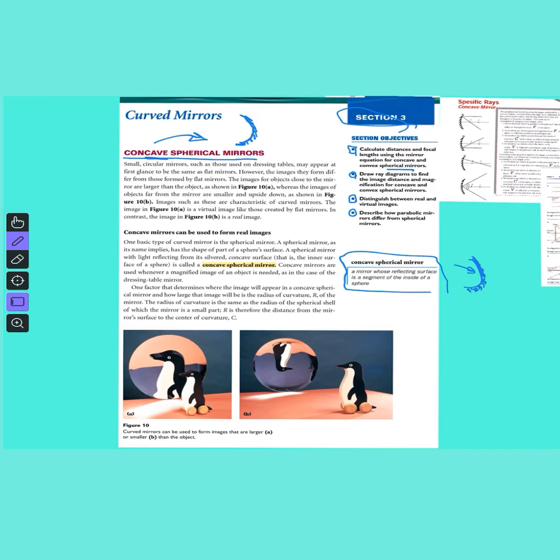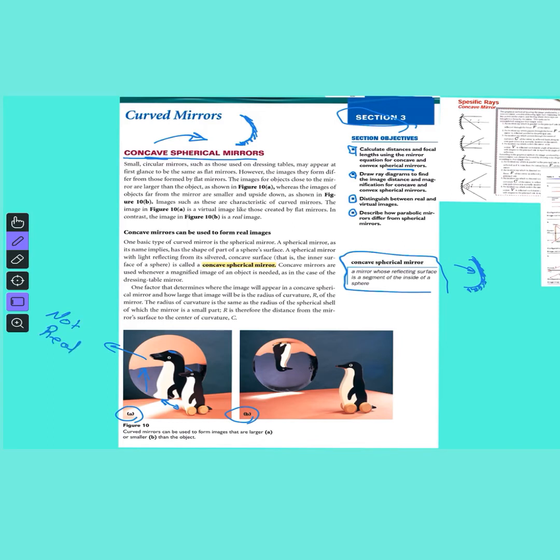As you see, we have 2 types of images. In the first one, when the object is very near to the concave mirror, the image will be bigger. As you see, it's not the same size, it's bigger and upright, not upside down, and this is going to be virtual, not real, guys.